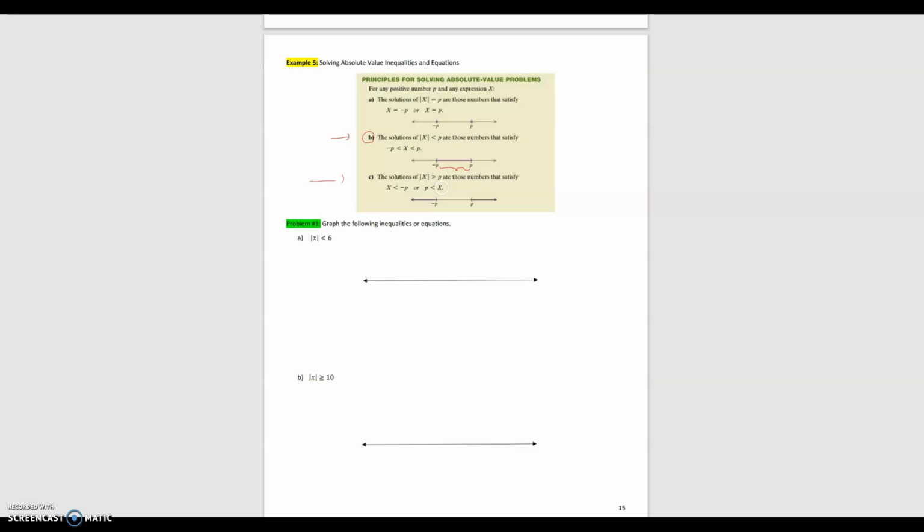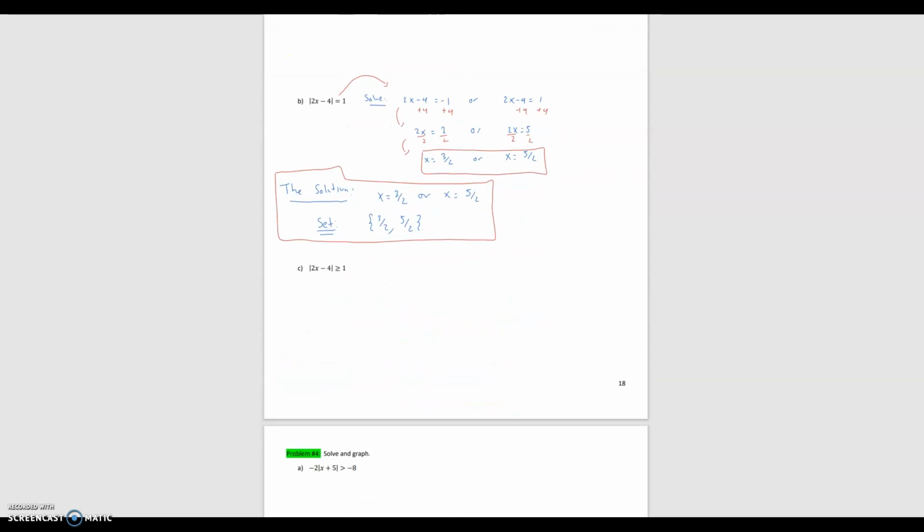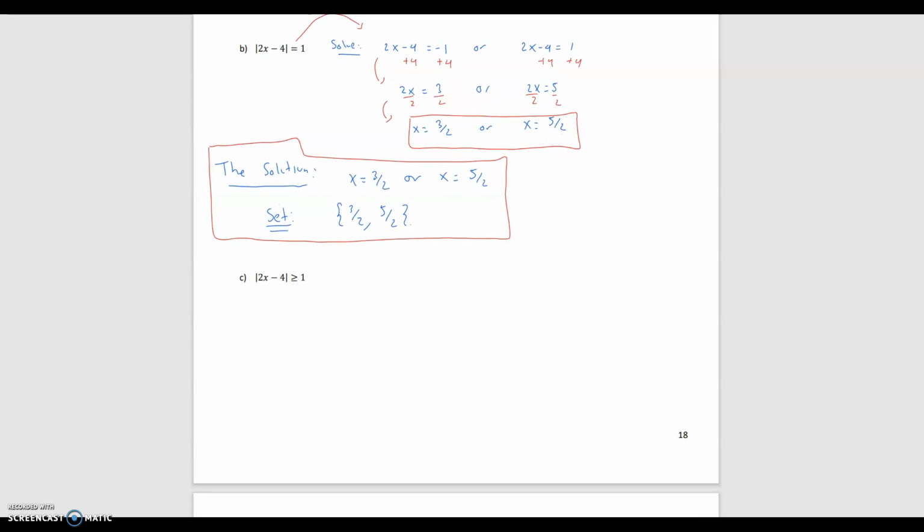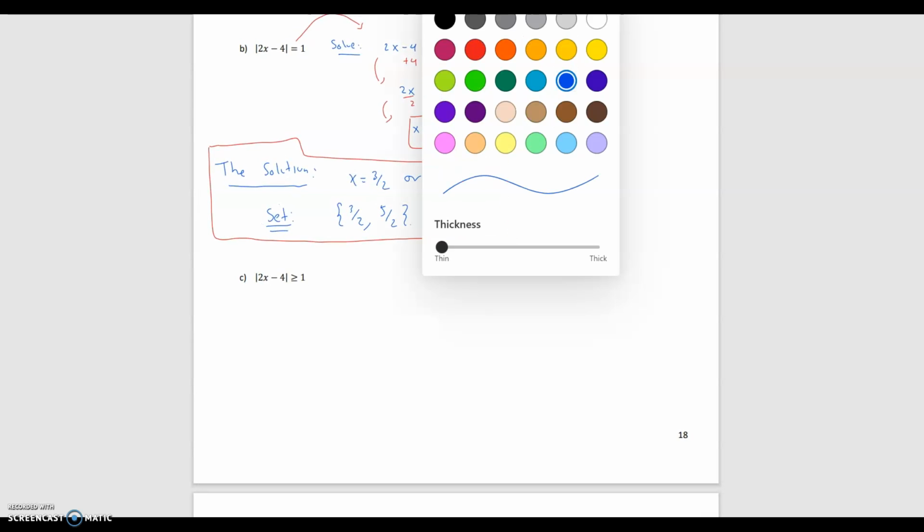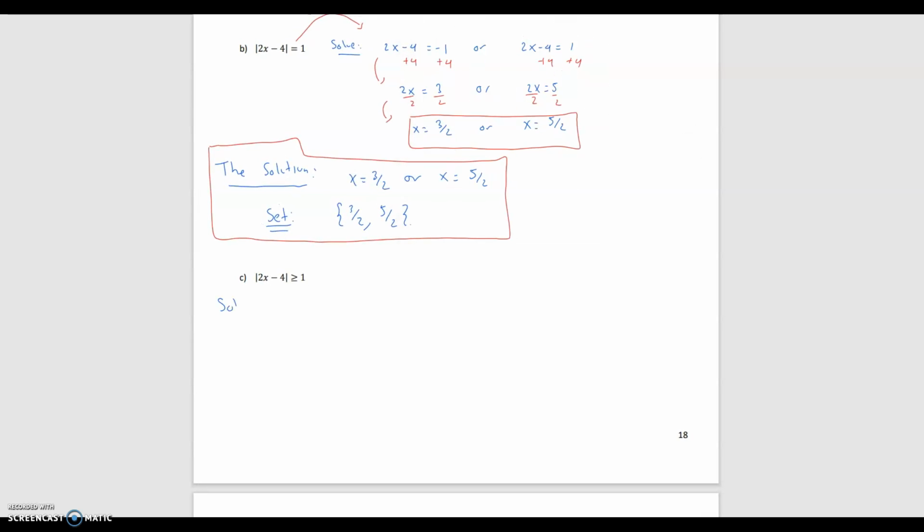I'm rewriting this one because the way that the author provided it here is a little bit confusing. So in any case, we're going to end up solving for this one. So we're going to solve 2x minus 4 is less than or equal to negative 1, or 2x minus 4 is greater than or equal to 1.